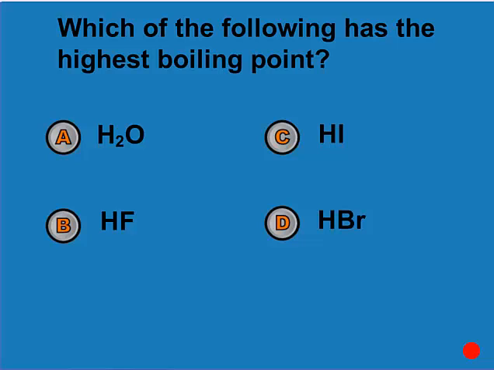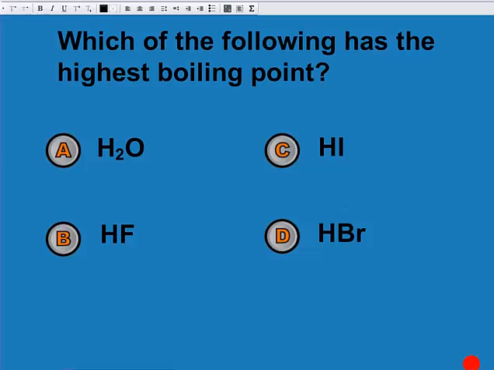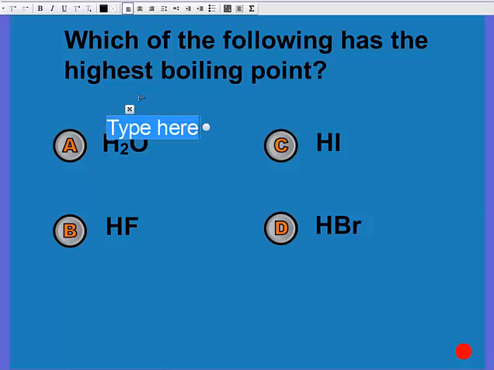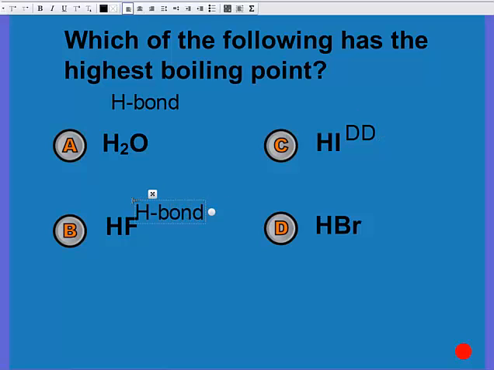Go ahead and pause the video and restart when you have this answer. So H2O is hydrogen bonded. HI is dipole-dipole. HF is also hydrogen bonded.